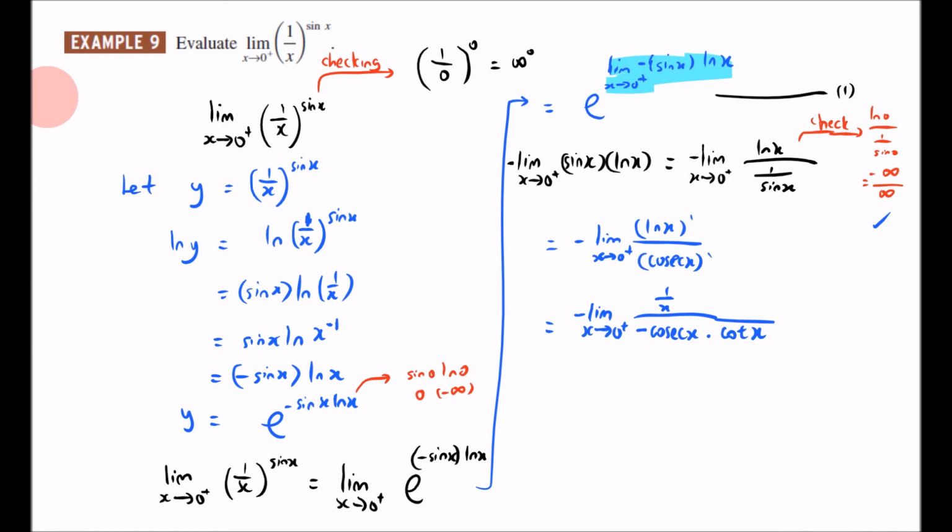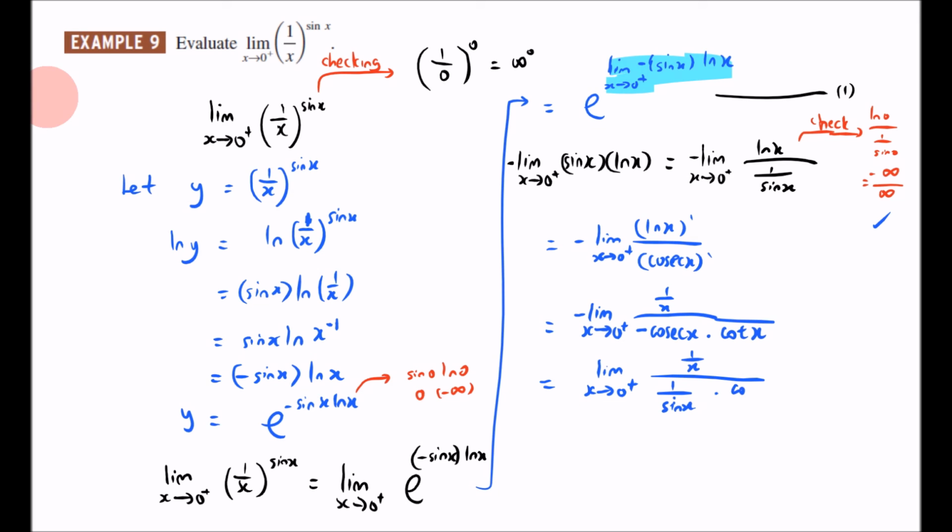Okay, so now we have to simplify to simpler algebra, trigo. Now negative and negative gone, so this negative sign is gone. Cosecant x is 1 over sine x.